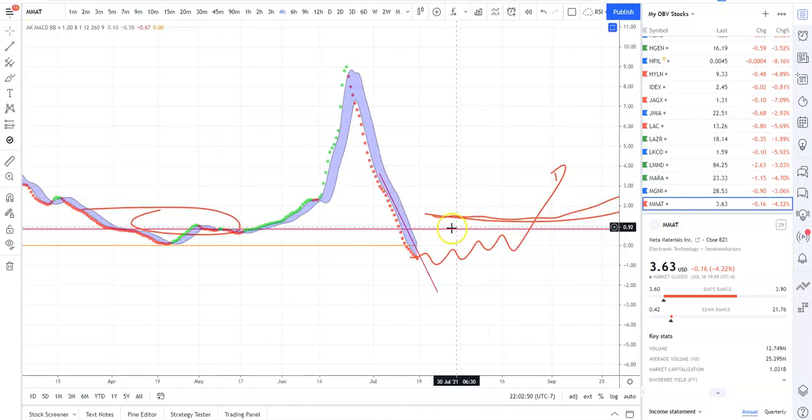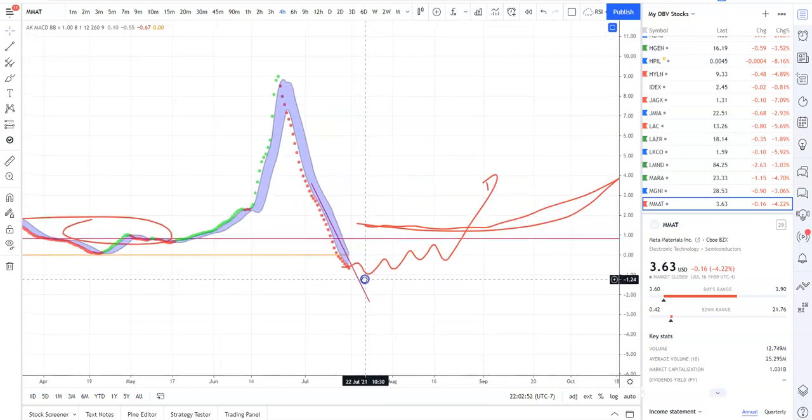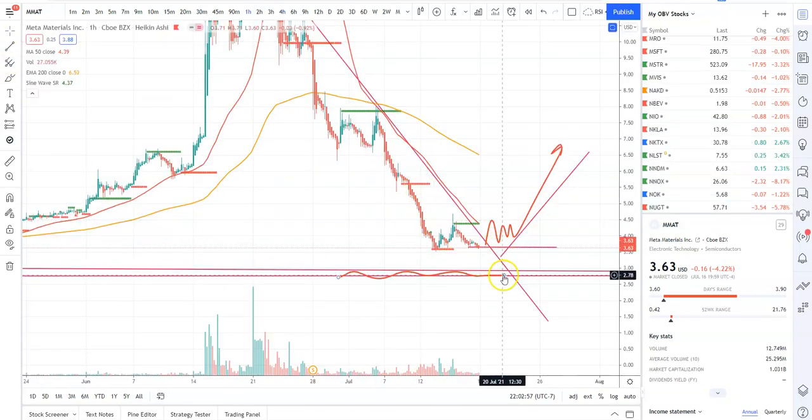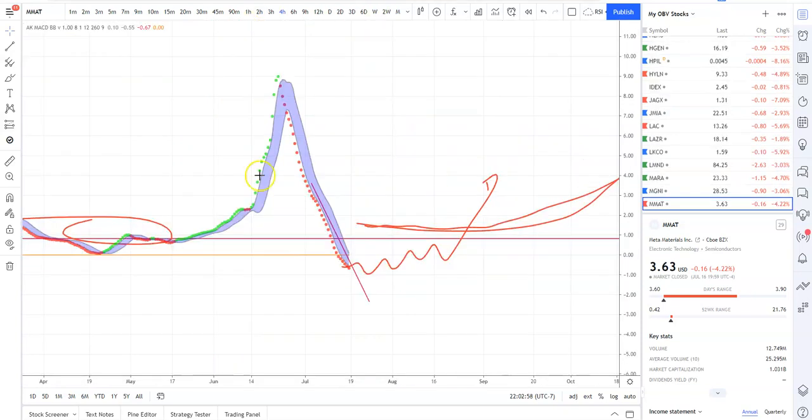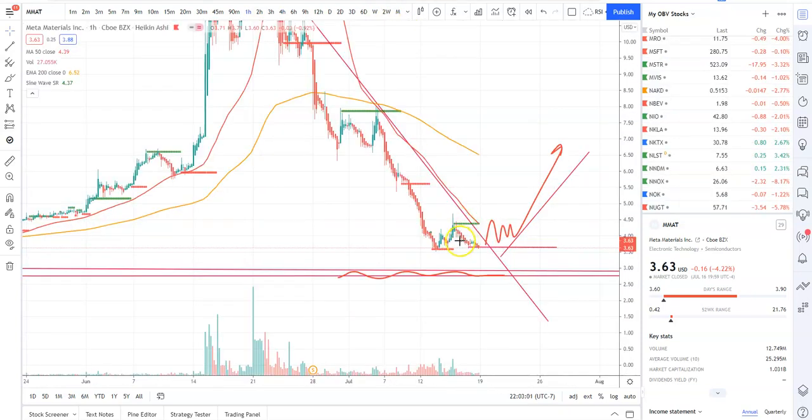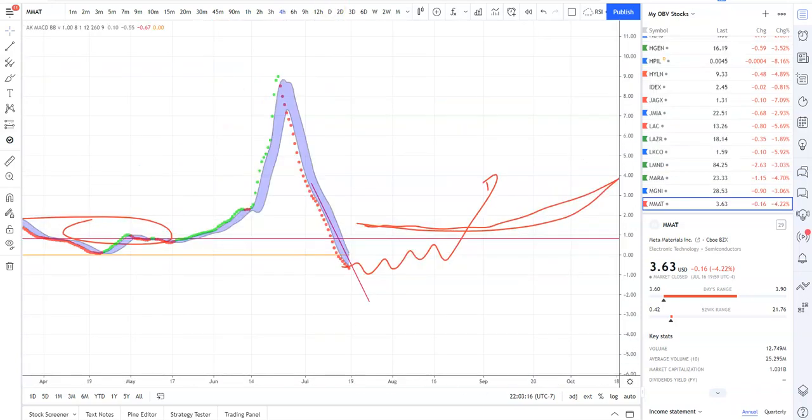To me, this would be a really key development on MMAT, especially if we were also able to hold this key zone of support between about 790 and 780 and break this downward sloping momentum line. I'm looking for all those things to happen. It looks like a strong possibility in the next few days.